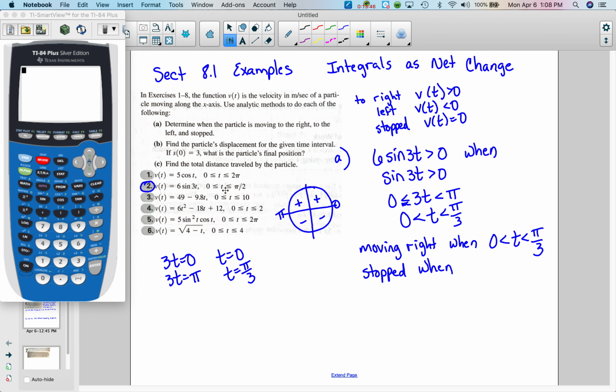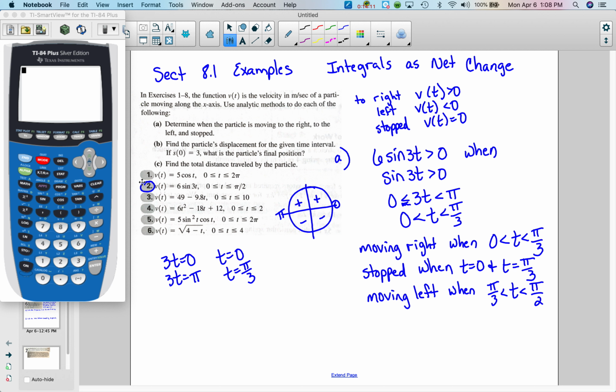It's within our domain, so it's stopped when t equals 0 and t equals pi over 3. Then it must be moving left because we have to go up to pi over 2, so when pi over 3 < t < pi over 2, it would be moving left.